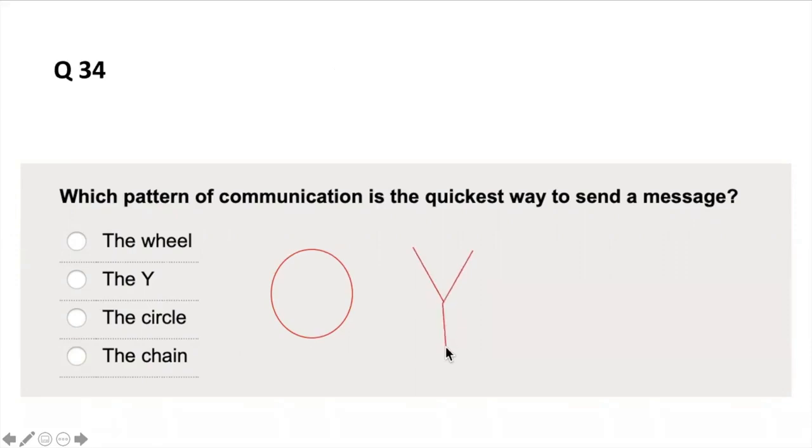And here's a Y, and the circle, which is actually a similar style. That's a normal circle. And then the chain would probably just be something like this. So let me just do some more analysis on this to help you with your understanding.